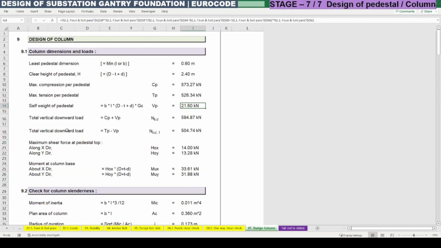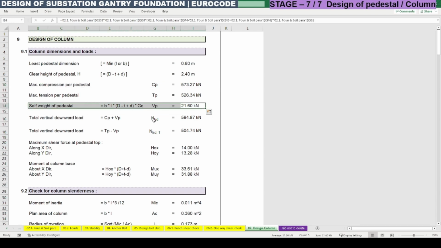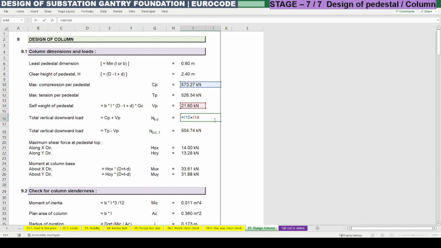That is the concrete unit weight. The next one is the total vertical downward load, which is nothing but CP plus VP. CP is the compression load which is from the structure, and VP is the weight of the pedestal or column. So adding these two we get 594. And the total upward load, you can call this the net vertical upward load.